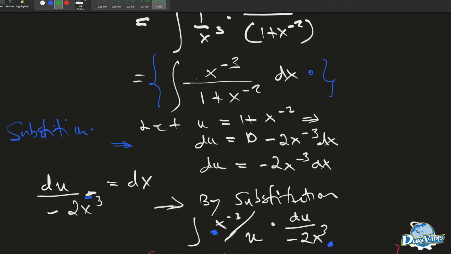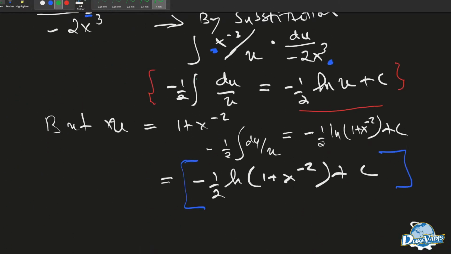So let's see if we decide to use partial fraction. Partial fraction will be the alternative method. But bear in mind, we have done the first approach, and this is what we got: negative half natural log of 1 plus x to the power negative 2 plus c is our answer.